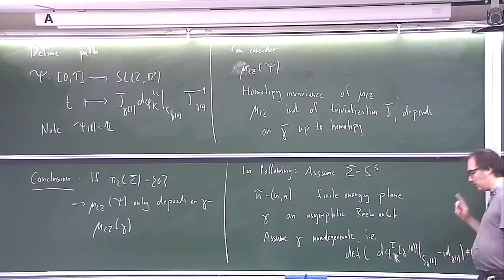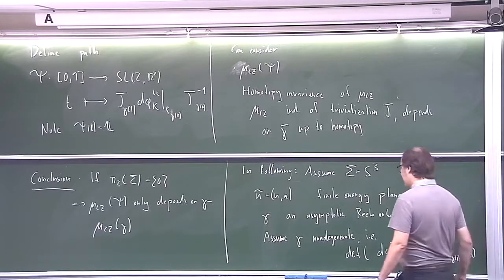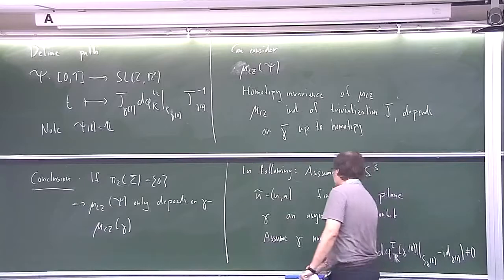So we don't have eigenvalue equal to 1. And then it's unique.